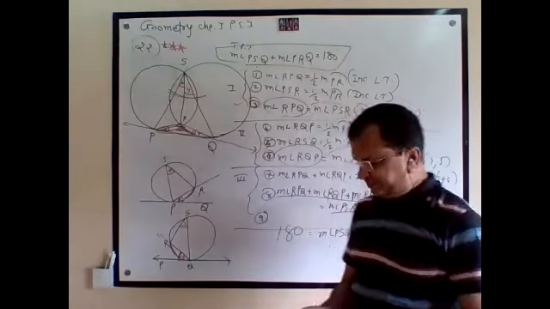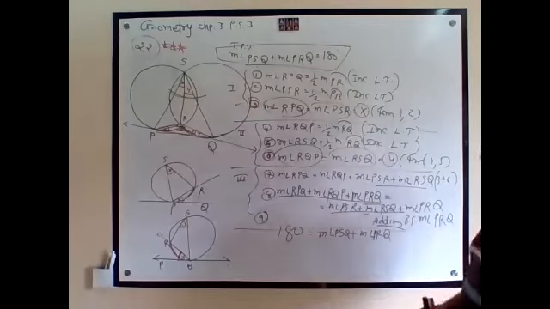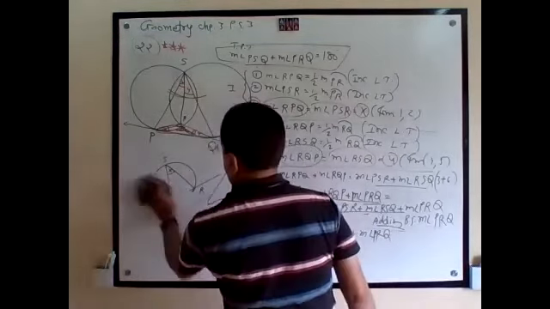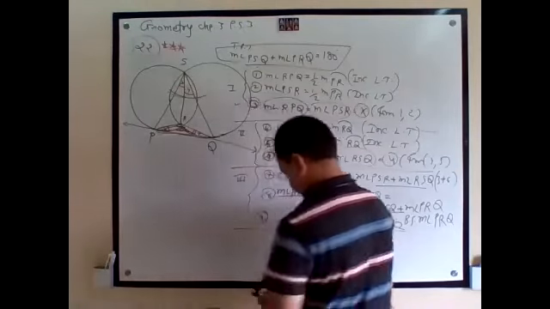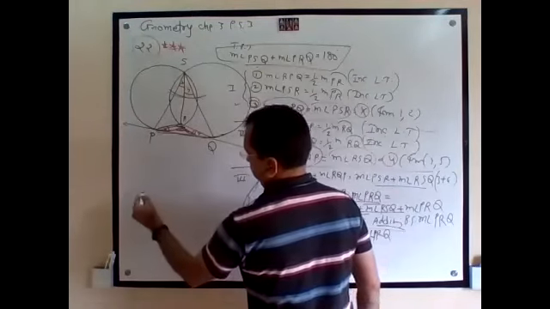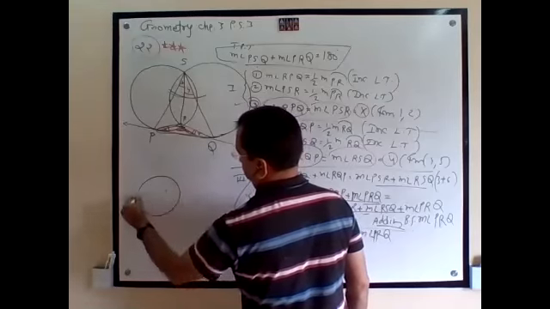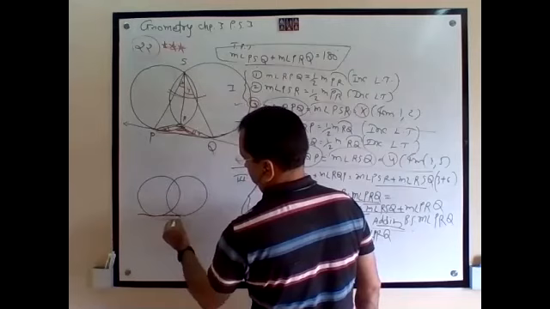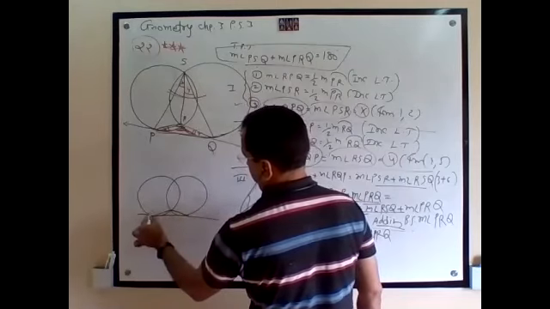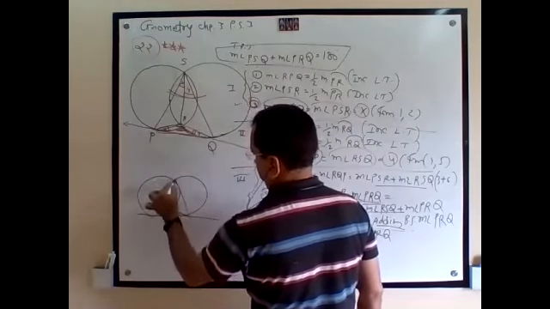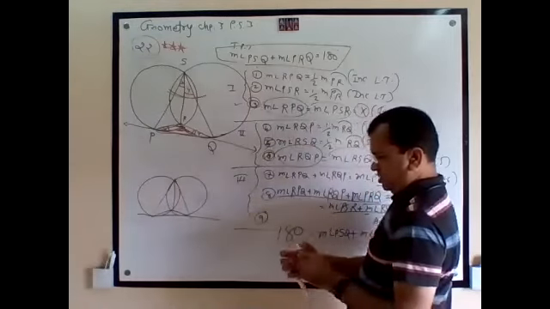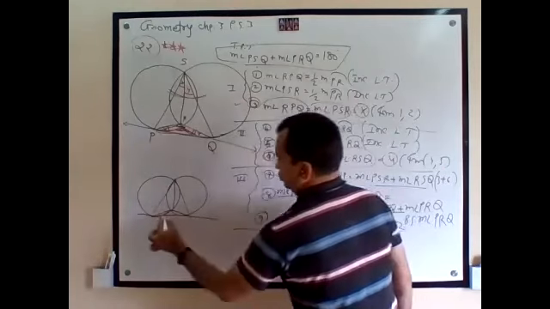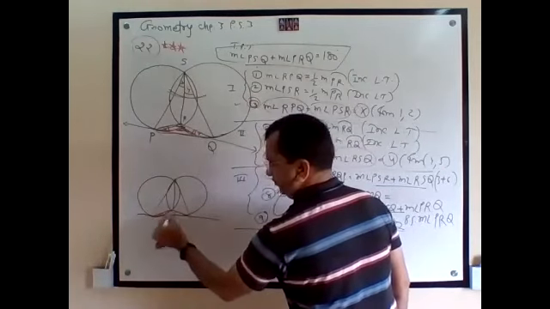Again, I am explaining this. Consider this is 100, so this will be x, half of that.